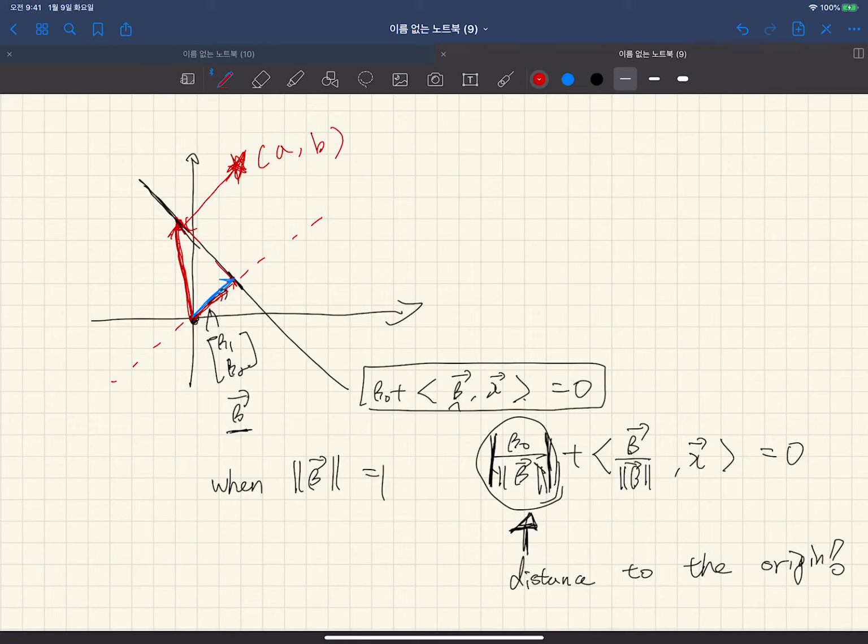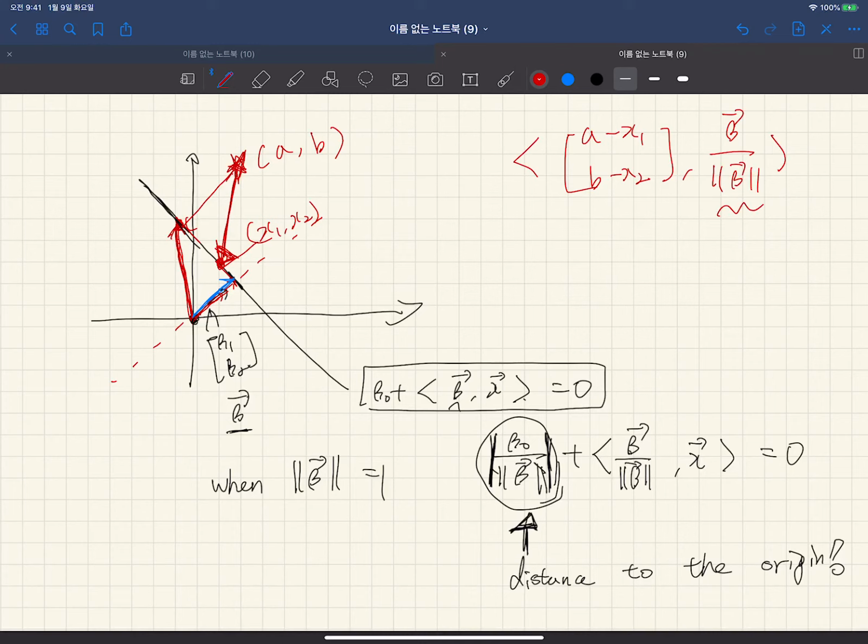And you can define a vector with any point on the hyperplane. Let's say this is x1, x2. Okay. Then what is the distance? The distance will be the inner product of a minus x1, b minus x2, and the normalized beta vector.